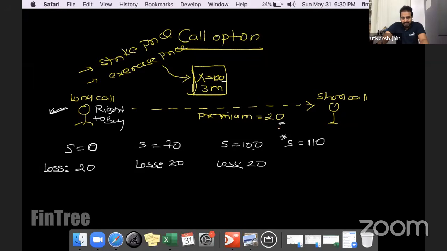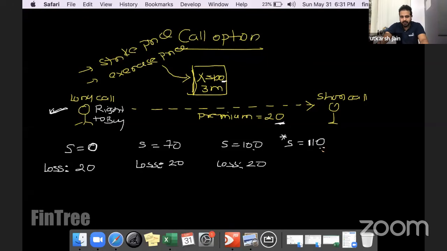And why should he buy? Because this 20 is something that was paid in the past. It was paid 3 months ago. Now that 20 is irrelevant. Now the decision is very simple. The asset is worth 110. You have an option to buy it at 100 rupees. Will you buy? Yes. So how much difference are you getting here? The difference between S and X, when that's positive, we call that payoff.